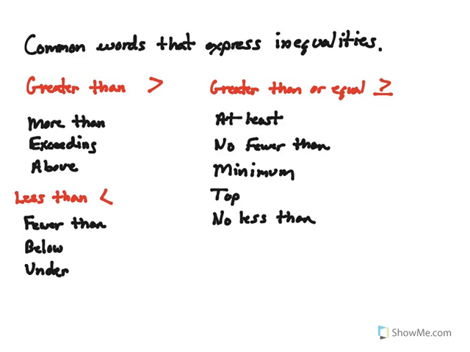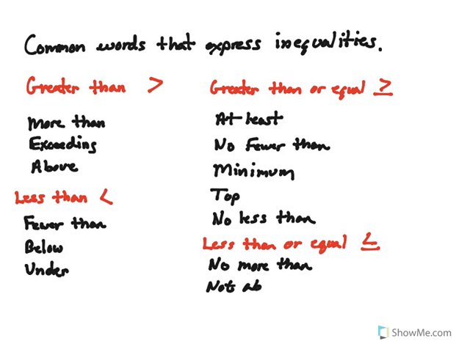And then the last one I want to talk about is less than or equal to. Which is that symbol. All right. And some of the common phrases that are associated with that. Another one is no more than. Not above.